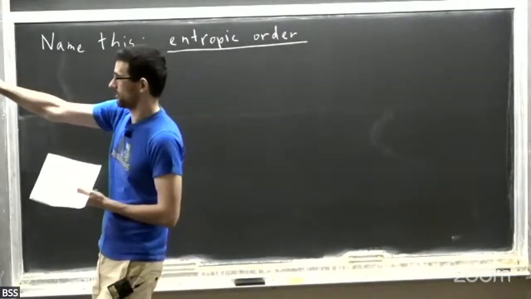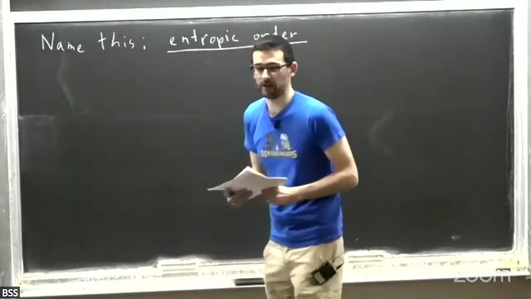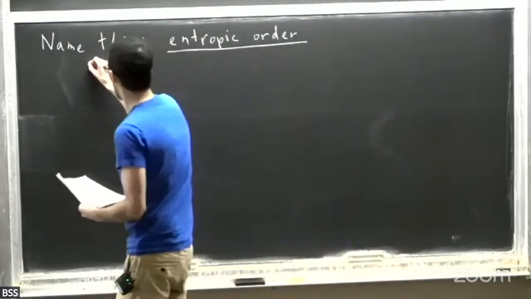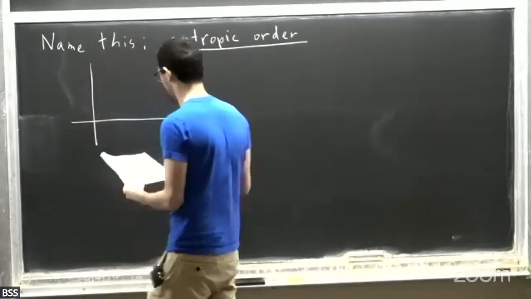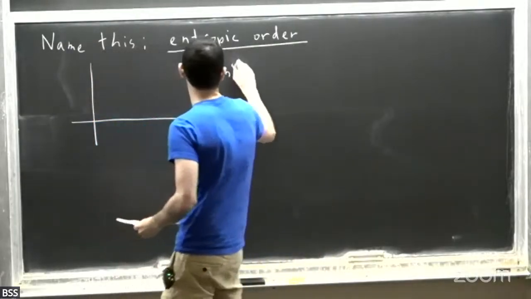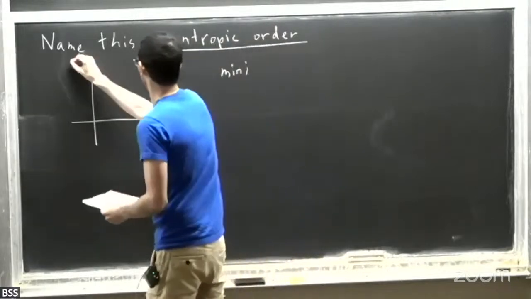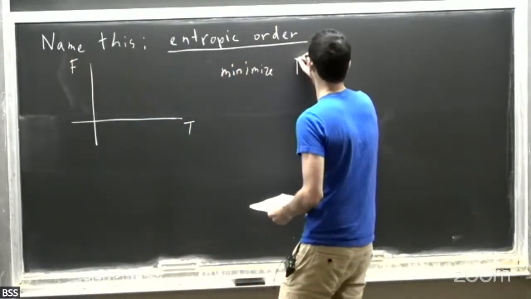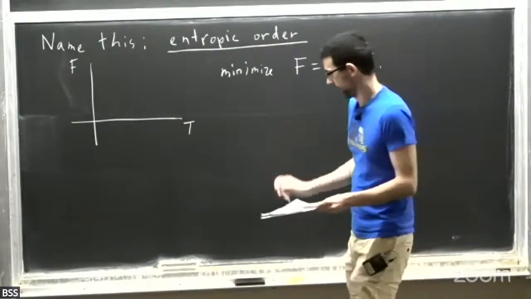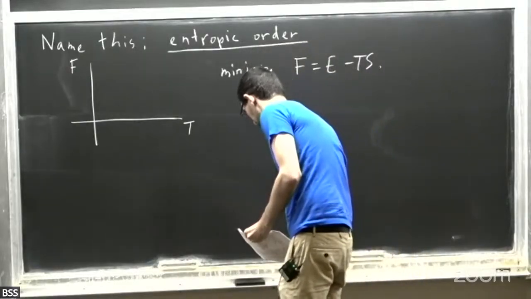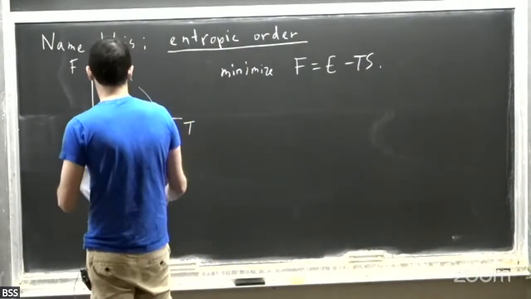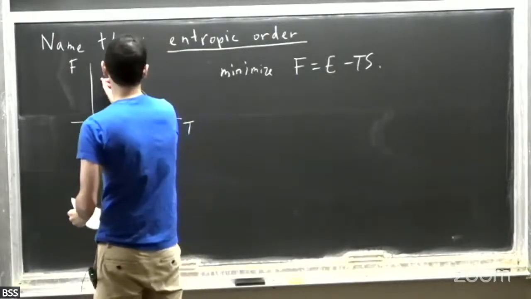I've already said in words that the solid is really driven by having higher entropy, not by having lower energy. We can give an undergrad argument that this has to be what's happening. Again, if we go back to our idea that we're minimizing the free energy, suppose that we have a phase transition between two phases, A and B. Phase B is realized at higher temperatures, phase A at lower temperatures.